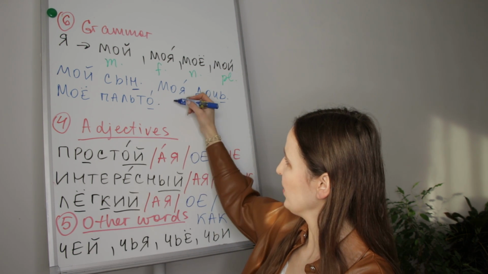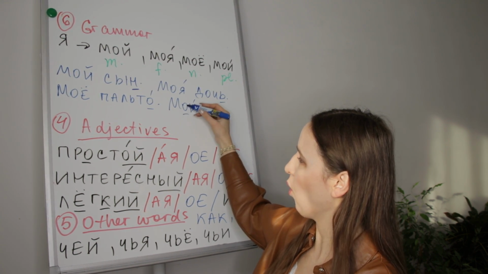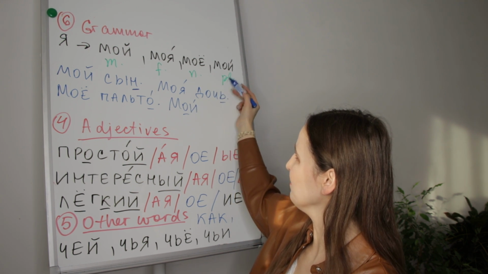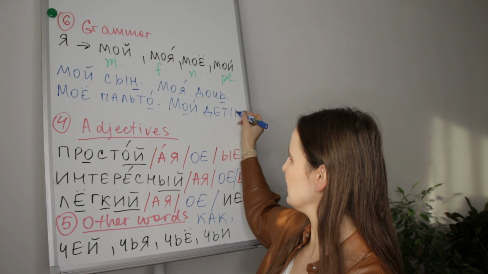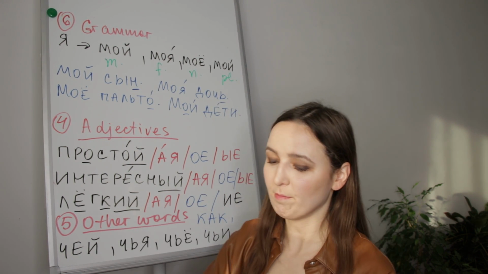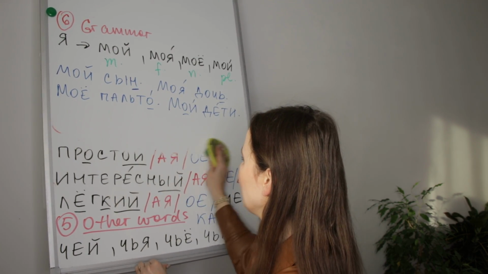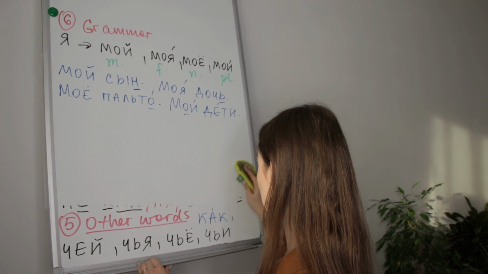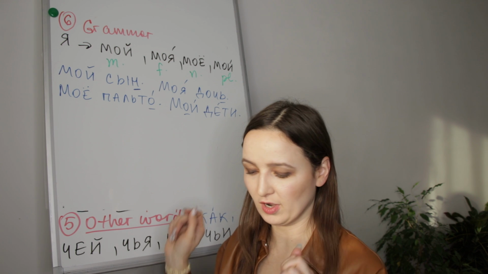Моё пальто. And now with мои, O will be pronounced as A because it's not stressed. Мои, plural, дети, children. Мои дети, my children. So this is what it was for grammar. Да? Запомните, memorize all this.